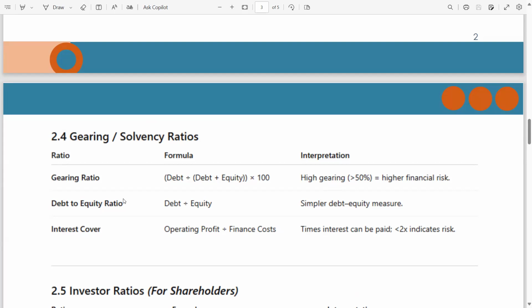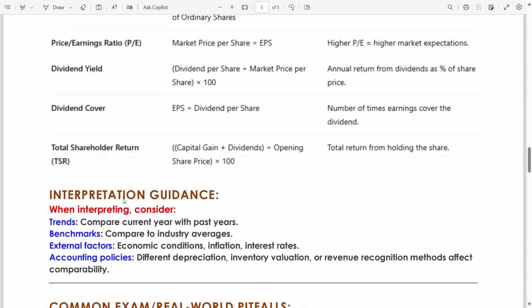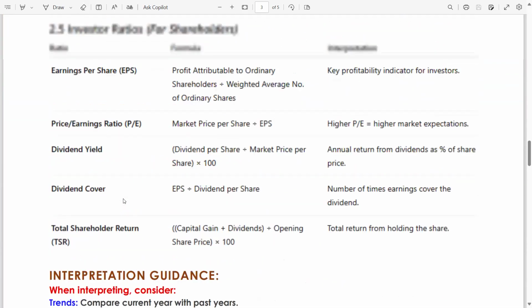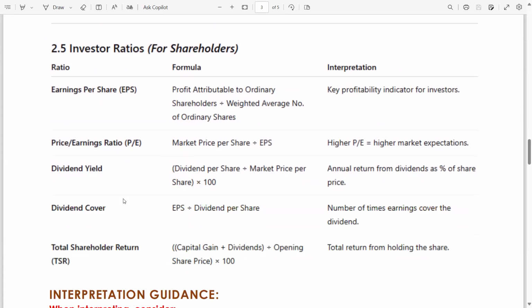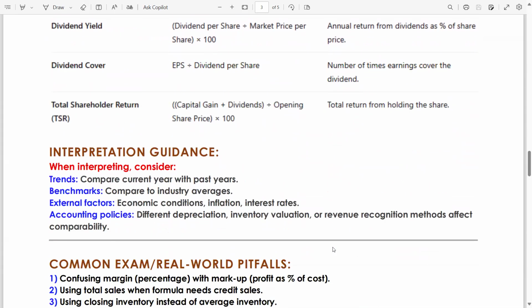Okay, so it means how easily a company can pay the interest on the loan which they have acquired. Okay, so now we are covered with the interest. Oh, there is one left. Total shareholder return: capital gain plus dividend divided by opening share price multiplied by 100. Total return from holding these shares.